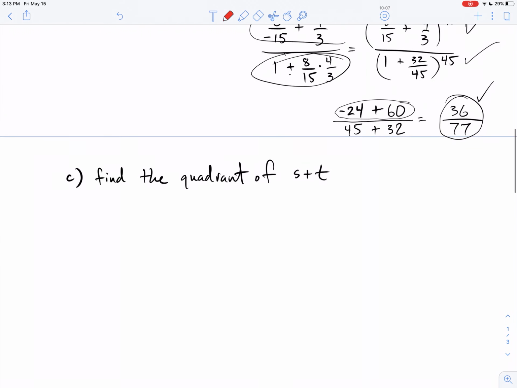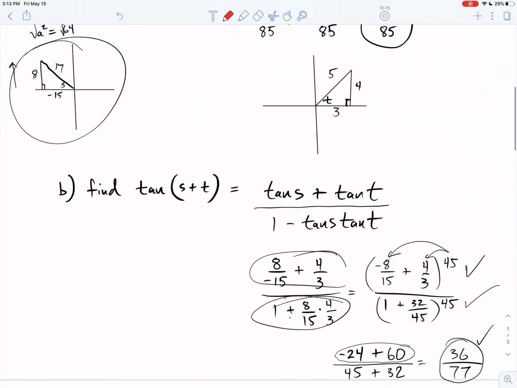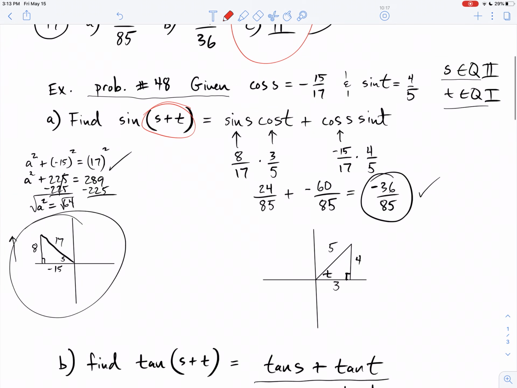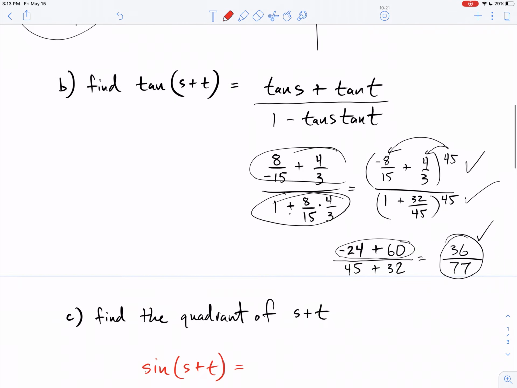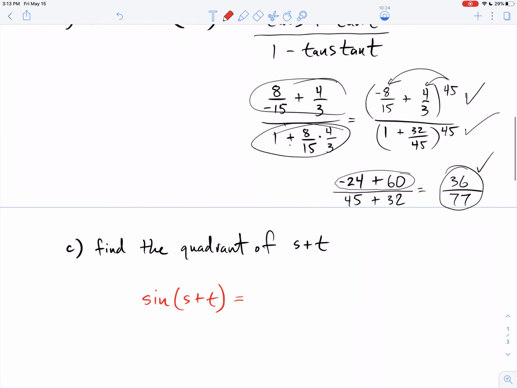Well, when we did the sine of S plus T, my answer was a negative answer.